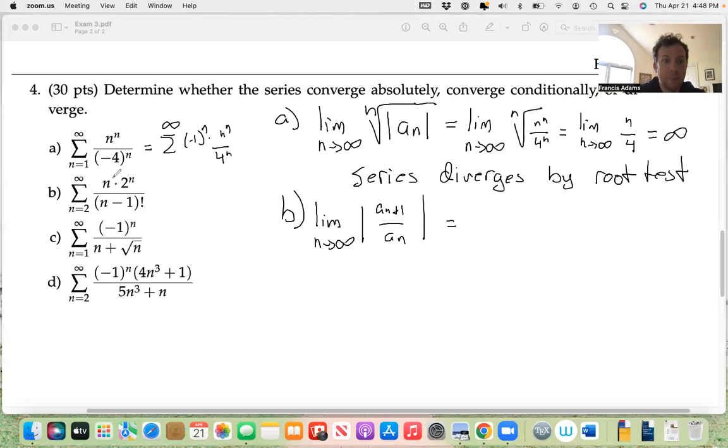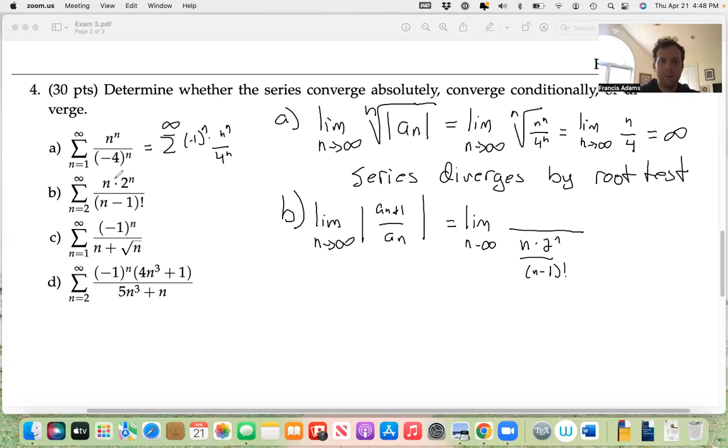In this case, the absolute value doesn't do anything, so we can just forget about that. And so what we need on the bottom is just the terms as it's written, n, 2 to the n, and (n minus 1) factorial.